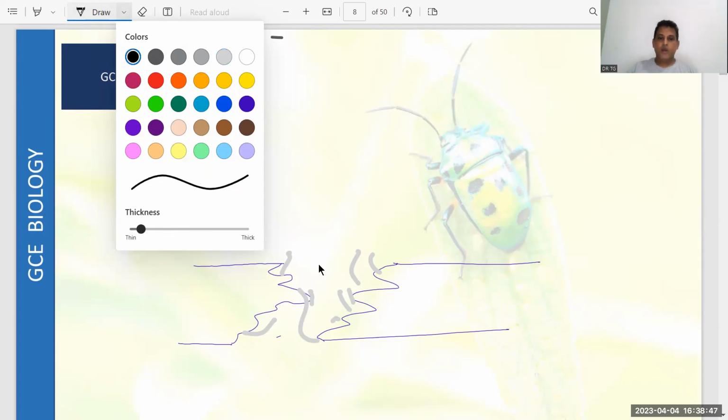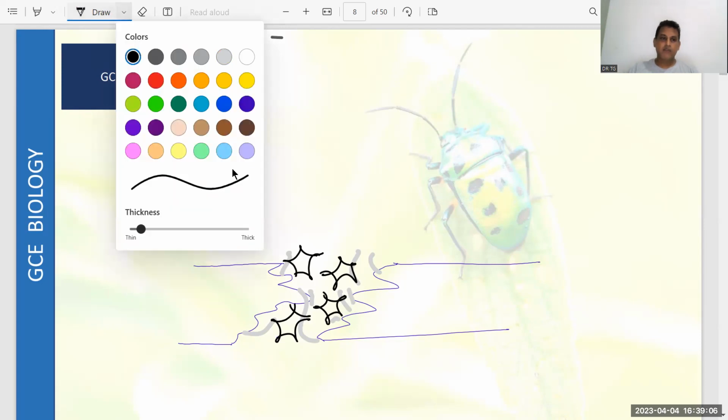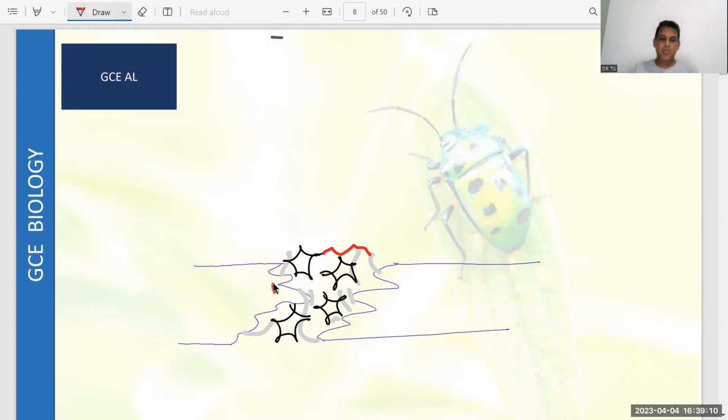Next, more and more platelets come to this place and bind to the collagen. After that, the platelets become different shapes when they activate. So these star shapes are the platelets, and this one is the fibrinogen.